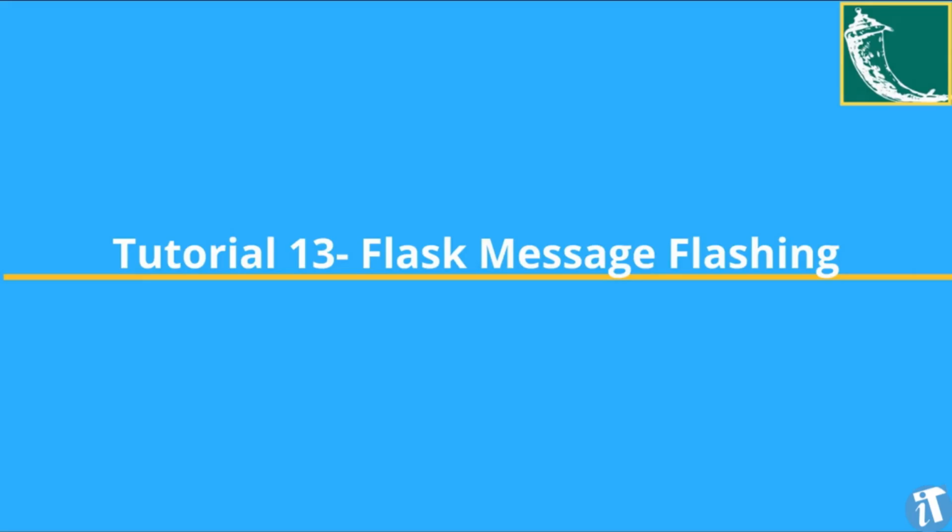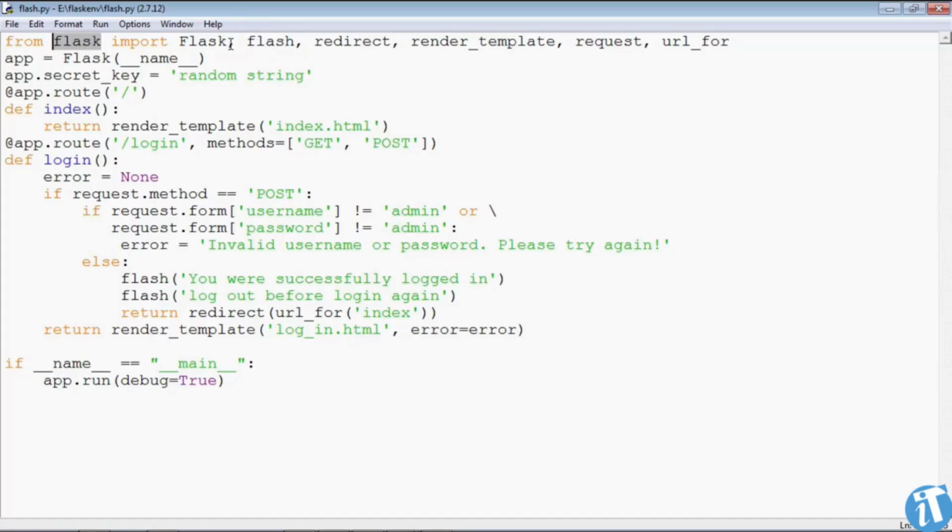In this video, I will tell you about the message flashing mechanism in a Flask application. In addition to the other required functions like redirect, render template, and URL for, you'll also need a request object and of course the Flask object to be imported.